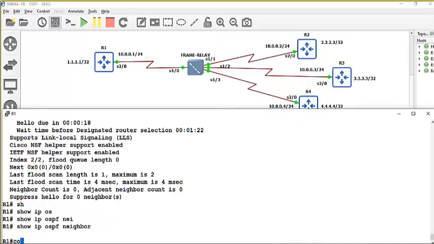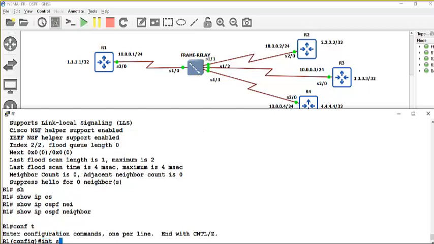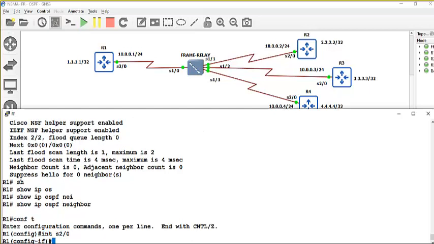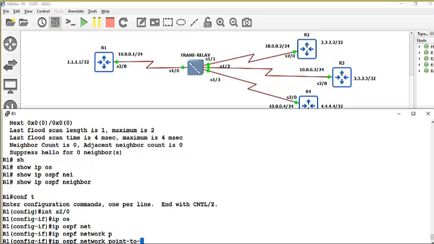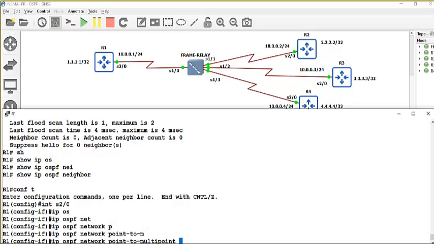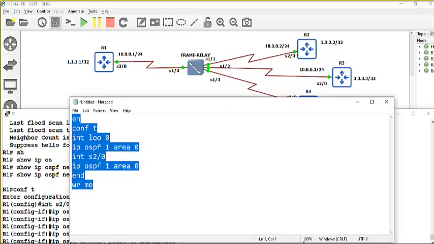I go under interface serial 2/0 and say IP OSPF network type point-to-multipoint. You need to do this on every router, so I'm going to put it in the notepad.